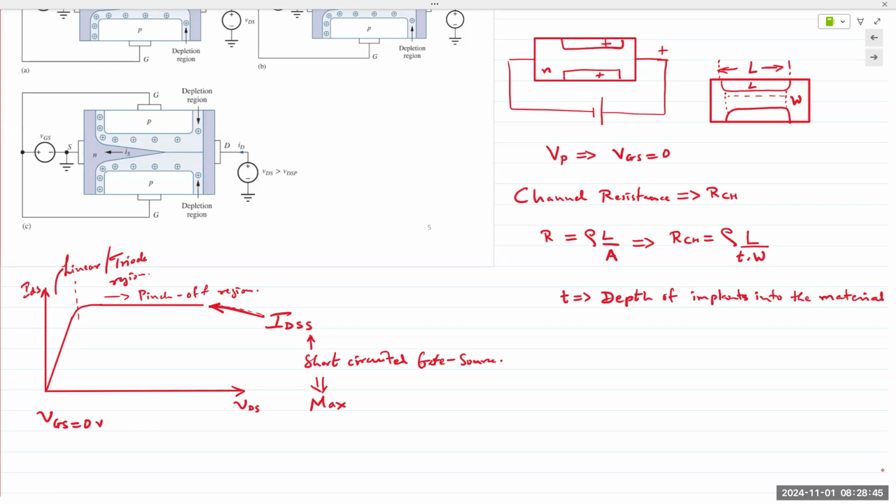So questions? Yes. If I have a JFET in series with a circuit and I have a Zener diode in parallel, will I have a current regulator and a voltage regulator? So the question being asked is, if we have a JFET in series, and I'm assuming the Zener would be in parallel, would the Zener diode and JFET make a current regulator and a voltage regulator?